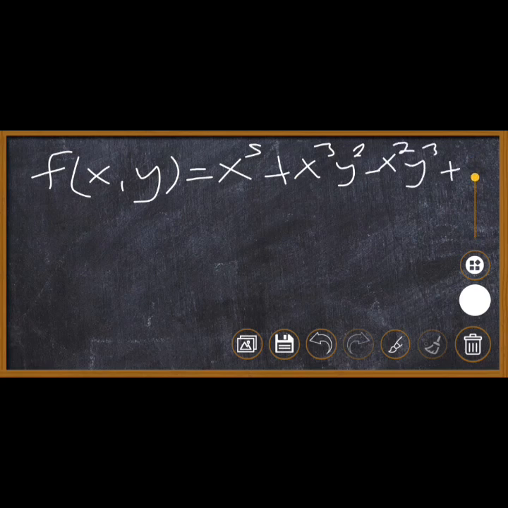So this is the function that we had. I'm just writing this. So let's first differentiate this. So we are differentiating the function f with respect to y.